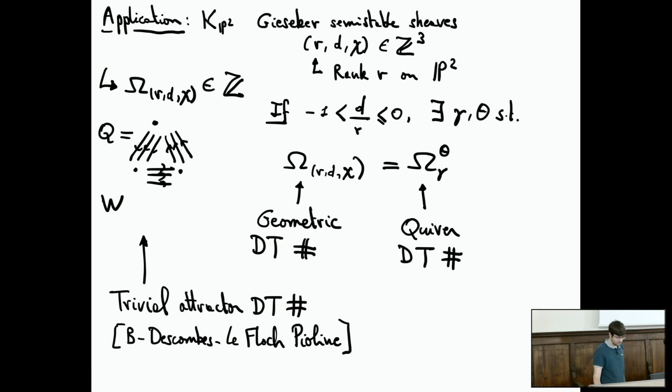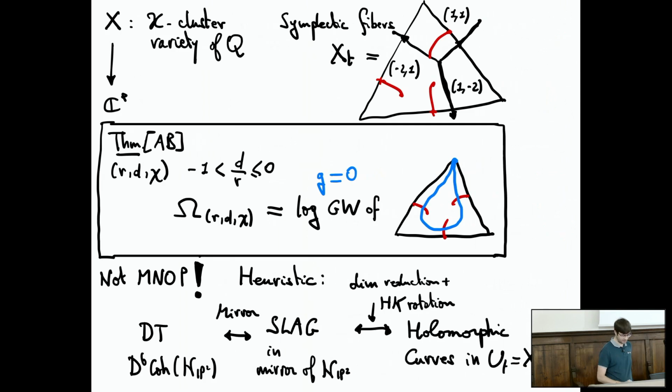We also mentioned that for these quivers with potentials, the general conjecture that you should have trivial attractor DT invariants is known. So you can combine what is on this slide with the previous main result to get a statement that says geometric DT invariants counting these semi-stable Gieseker sheaves on P2 have an interpretation as genus zero log Gromov-Witten invariants of some geometry.